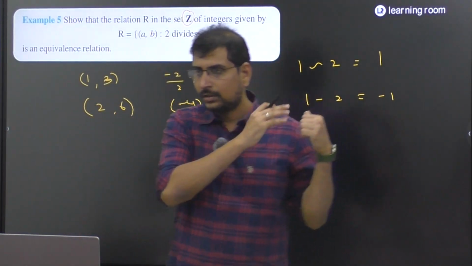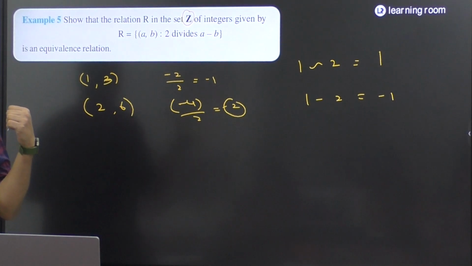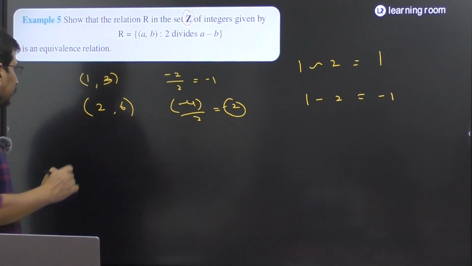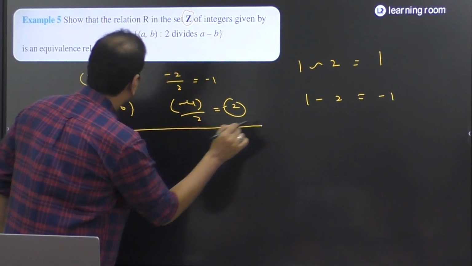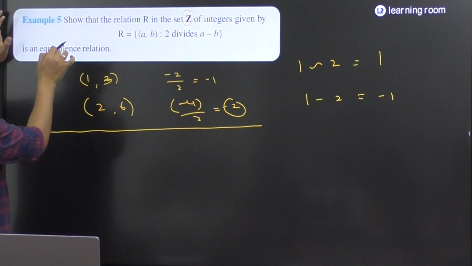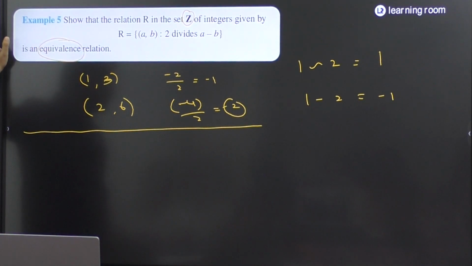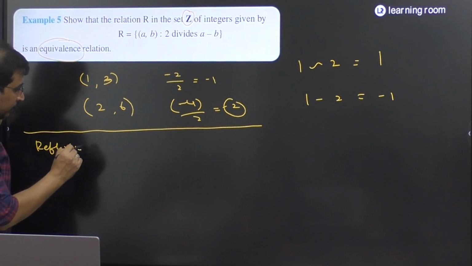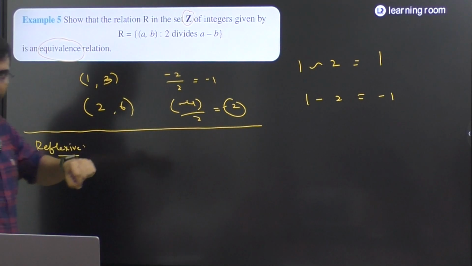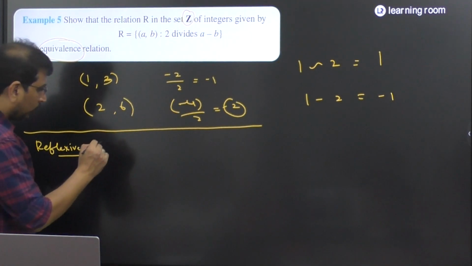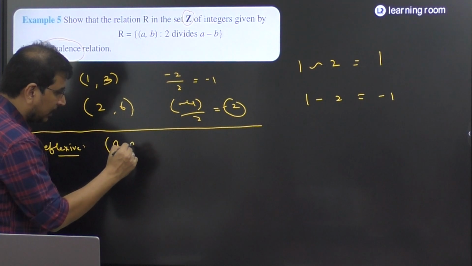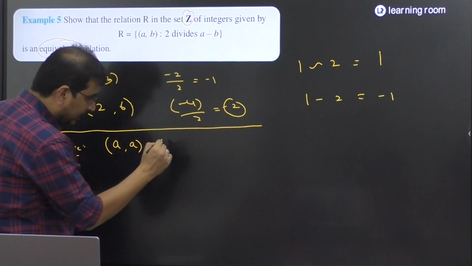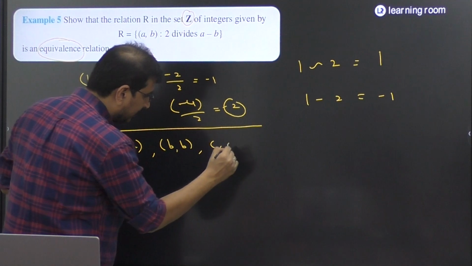I hope you got a hold of what we are trying to talk about. So concentrate. Now, first, they are asking us to show that it is an equivalence relation. Means what am I supposed to do? My job is to check all three properties. We'll go one by one. Let's think of reflexive. Meaning, in this relation, can I take ordered pairs of the form (a, a), (b, b), (c, c) like this?